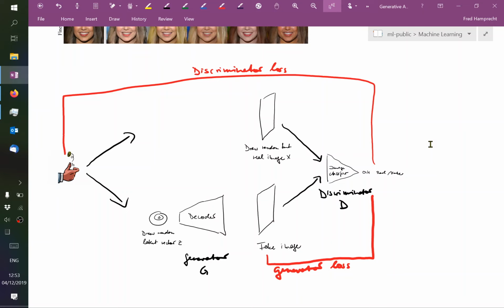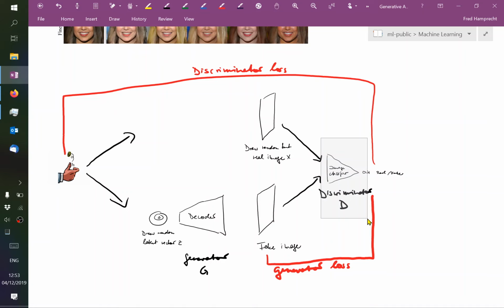Now, these two are trained alternatingly. Let's say the generator was given some random vector. It produced some fake image, and the discriminator thought, nah, that was clearly not a real image by a long way.